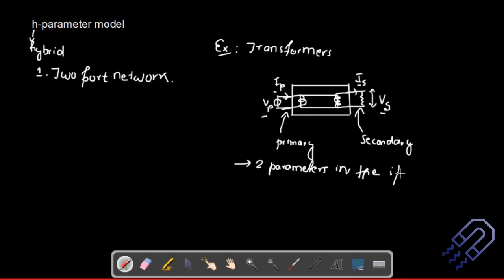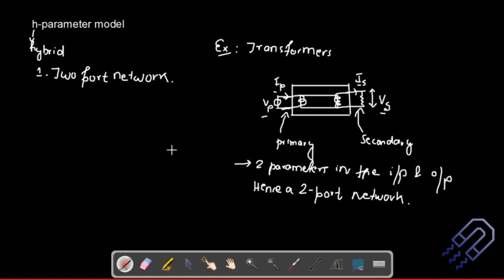Hence it's a two-port network. So the first thing to understand is what a two-port network is, and this is what we mean by it. In a transistor it is the same. If you remember the input characteristics and the output characteristics, we are plotting the graph between the voltage and the current. So that is a two-port network.